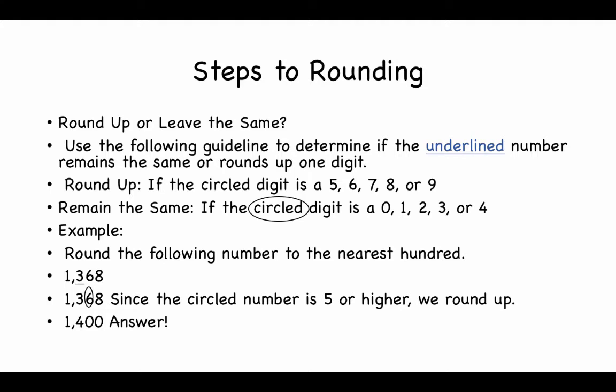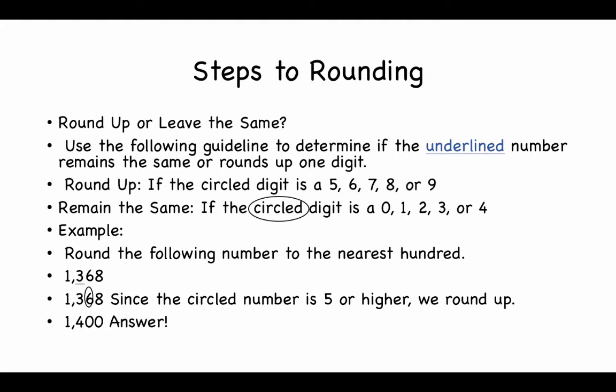We will round up if the circled digit is 5, 6, 7, 8, or 9. So basically we could say if the circled digit is 5 or higher, we will round up and take the underlined number and go up 1 digit. We will keep the number the same if the circled digit is basically 4 and down. So a 0, 1, 2, 3, or 4.